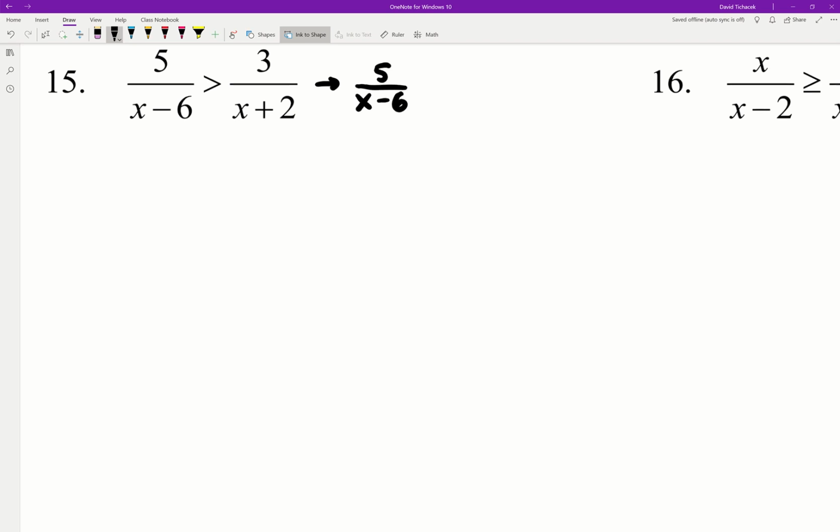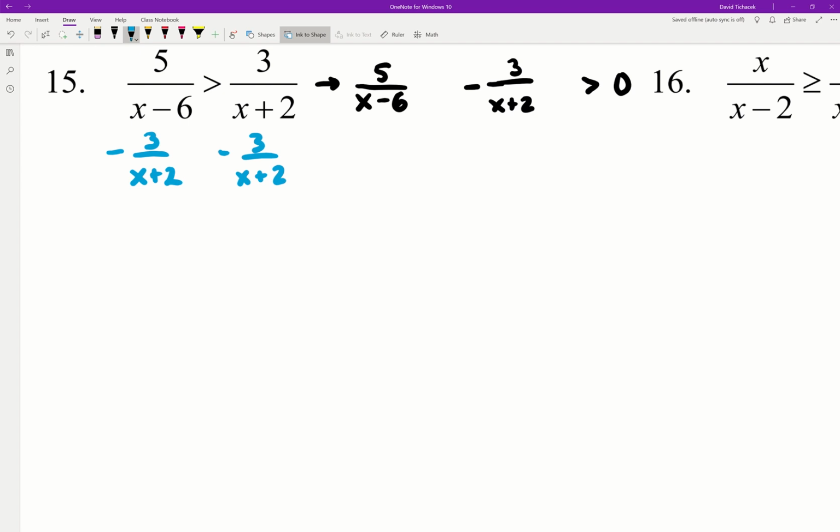I'm going to find a common denominator in a little bit, so I'll leave some space and say minus the right-hand side, which was 3 over x plus 2. That is greater than what's on the right-hand side, which after subtracting would just be 0. All we did is subtract the 3 over x plus 2 from both sides of the rational inequality.